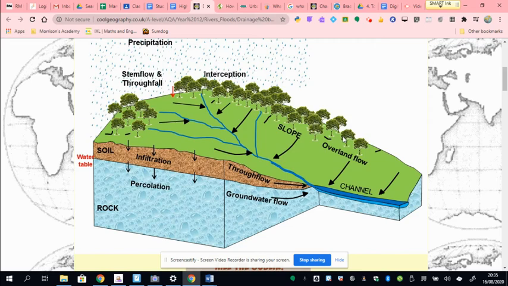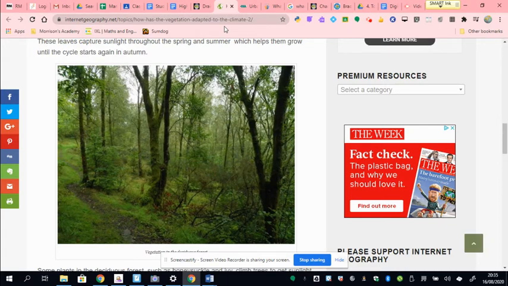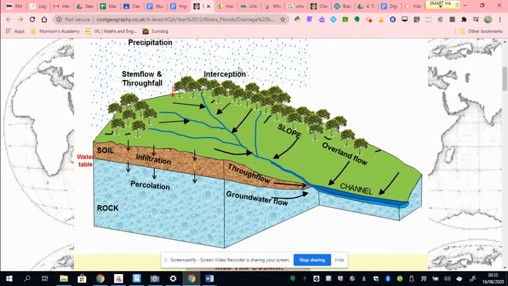Let's go to a couple of other key things. One of them, also indicated in this diagram, has to do with vegetation. How much vegetation surrounds your river has a big influence on its discharge. If your river is flowing through a landscape that's heavily vegetated, like we can see in this photograph, then there's going to be high levels of a process known as interception.